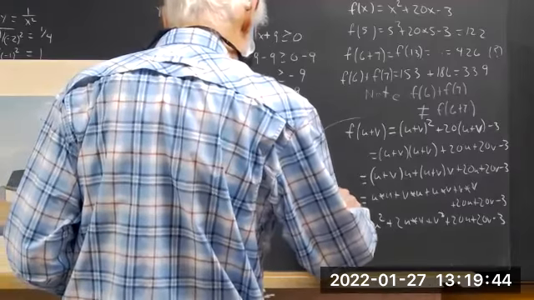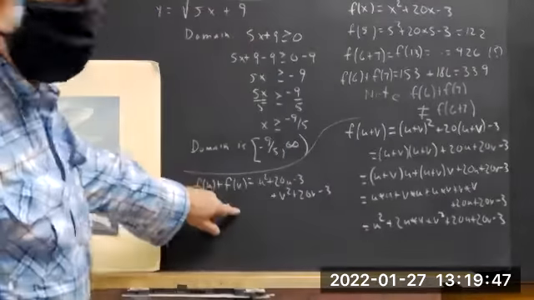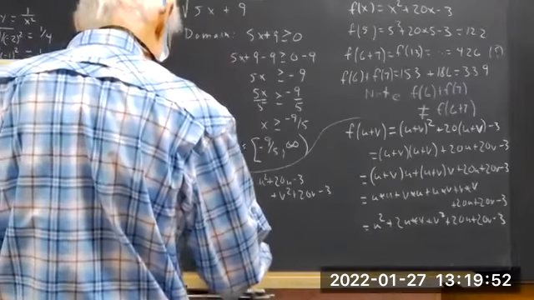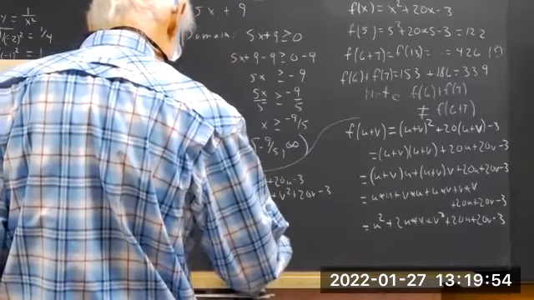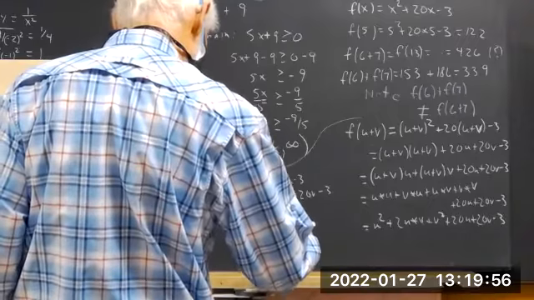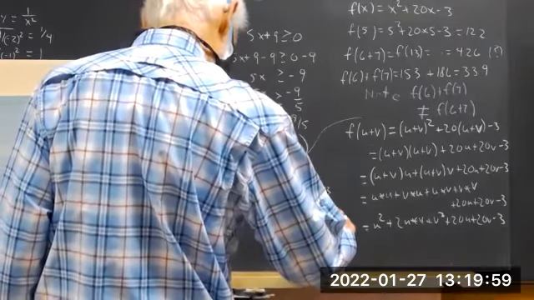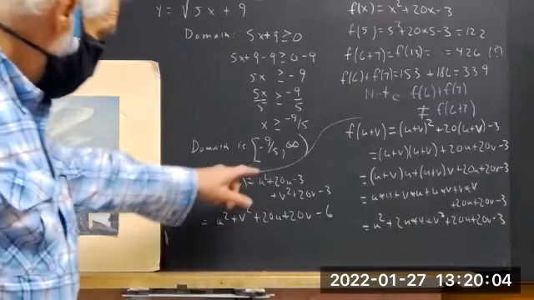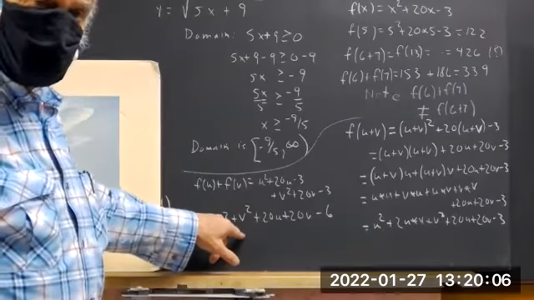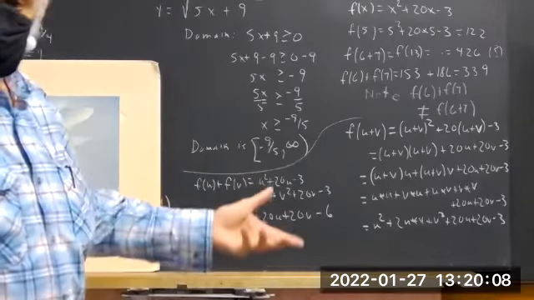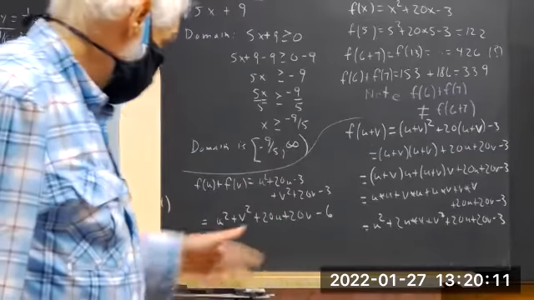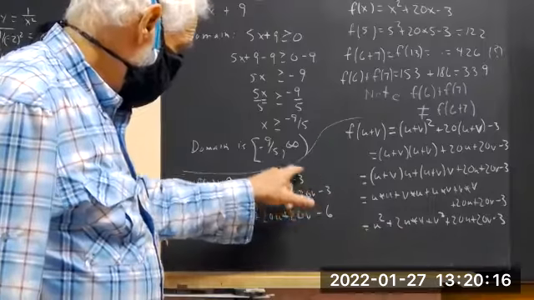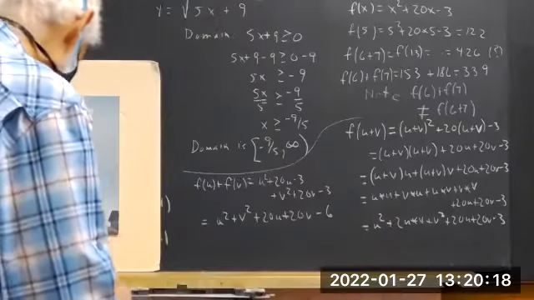And f of v is v squared plus 20v minus 3. Gives you this. Okay. So we got a u squared, we got a v squared, let's put those here, because we usually put the higher power terms first. And a 20u and a 20v, well, they match up kind of nicely. That's what we have over there. And then we have minus 6, not minus 3.